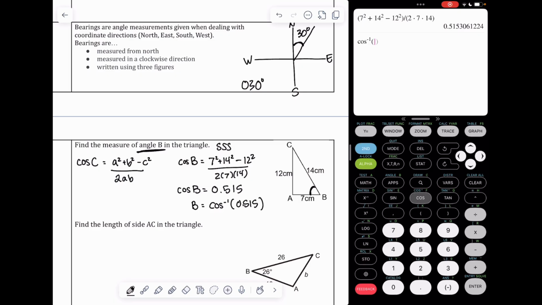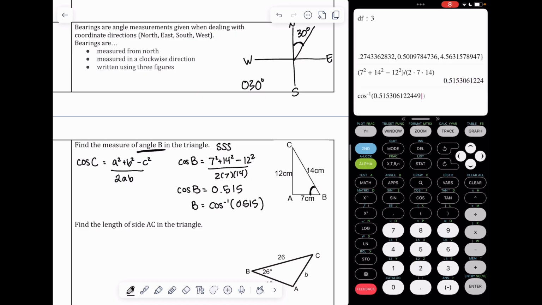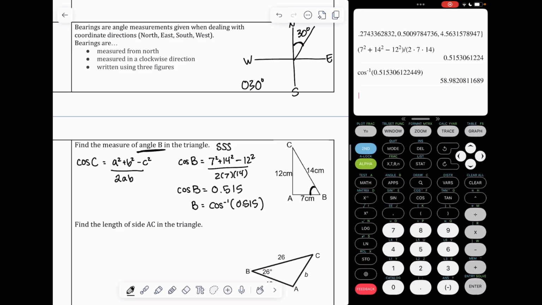So second cosine to get cosine inverse, and then I'm going to grab that number. And I get 58.98. So rounding to 3 sig figs, that will be 59.0. And it's an angle, so it's degrees.